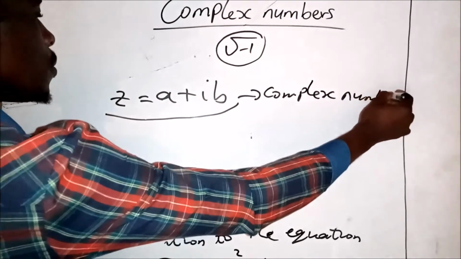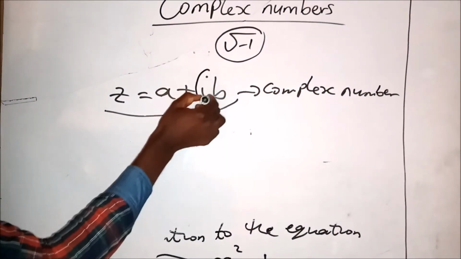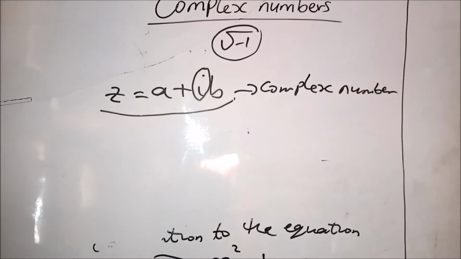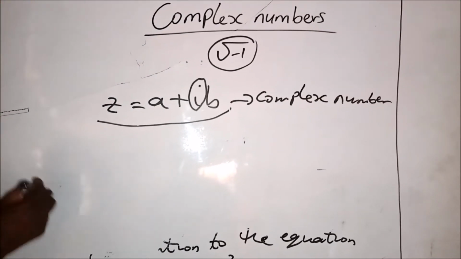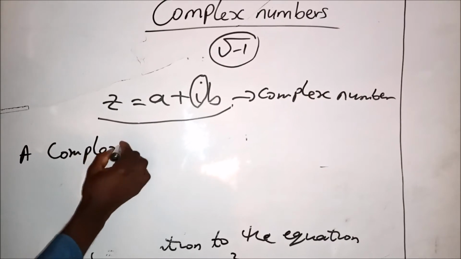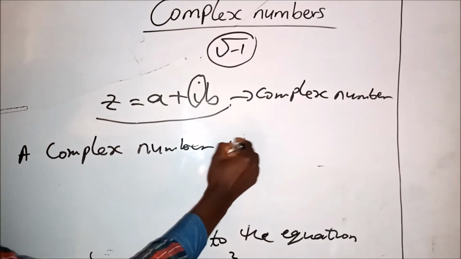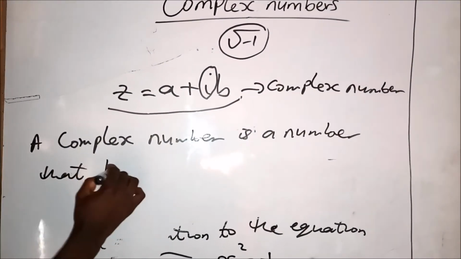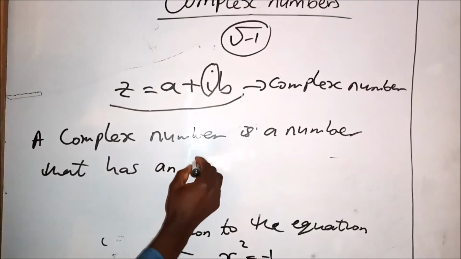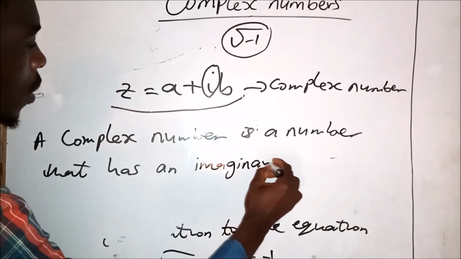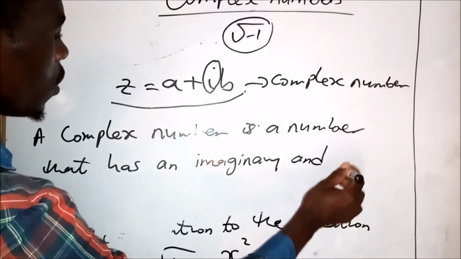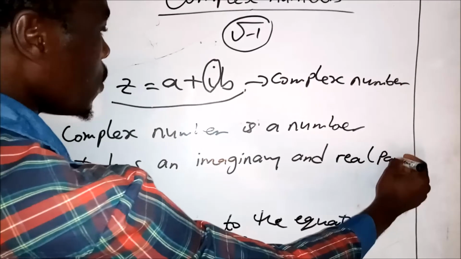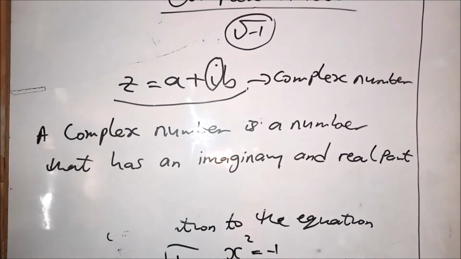Without the presence of this i, this number cannot be called a complex number. So, simply put, we can say that a complex number is a number that has an imaginary part and a real part.